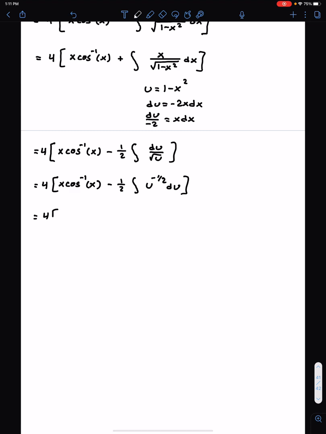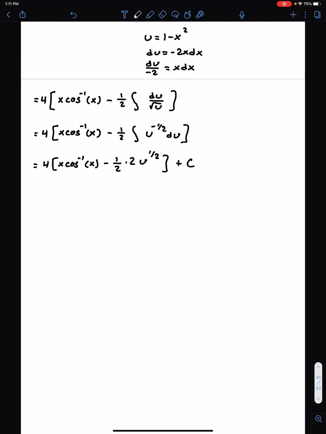So 4 times x arc cosine of x minus 1/2, increase the power by 1, divide by the new power, and add a plus c since there's no more integral.